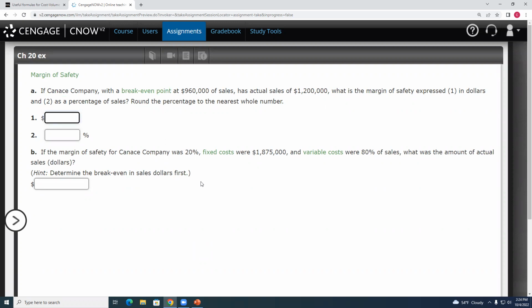Again, we take the actual sales of 1.2 million and subtract the break-even point sales. We did talk about how that break-even point would be calculated. We know how to find the units, and to convert the units into dollars, we just multiply by the selling price. Then as a percent of sales, we take that margin of safety in dollars and divide by the sales, 1.2 million.